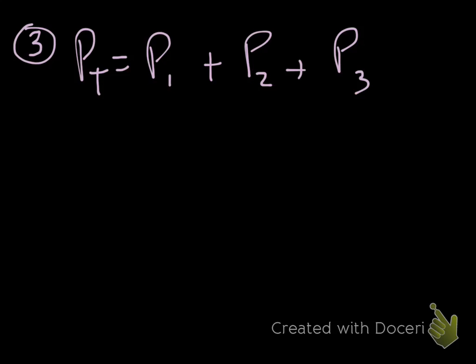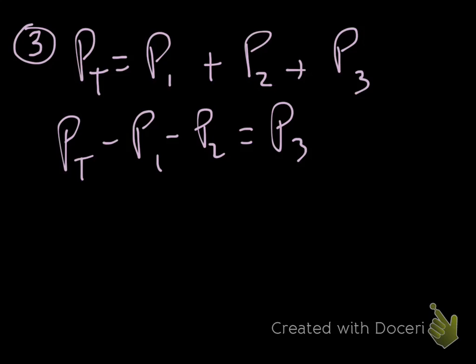Okay. Numbers 3 and 4, these are really just conversion problems. Can you convert and can you add and subtract? So what you have to know is that your total pressure is equal to the pressure of gas 1 plus the pressure of gas 2 plus the pressure of gas 3. So total pressure minus pressure of 1, minus pressure of 2 is equal to the pressure of 3. And then it's a matter of conversions, and I asked you specifically for the answer in torr.